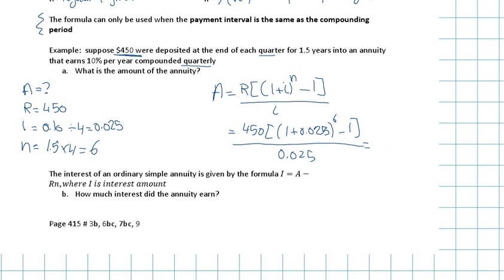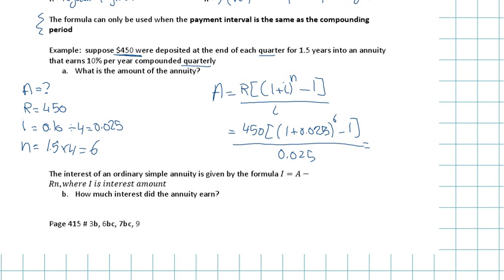Now I understand. So you have to go step by step. Bracket, 1 plus 0.025, bracket, to the power of 6. Then minus 1.